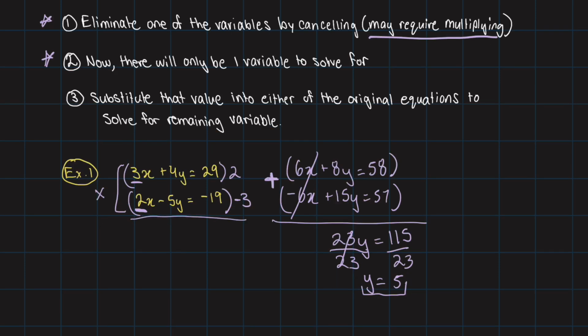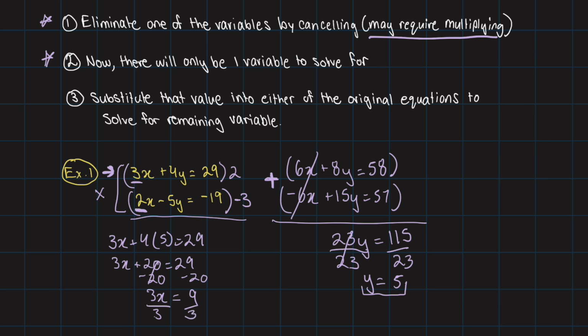I'm going to choose to substitute it into this equation, but you could also choose the second equation. It doesn't matter. So then we have 3x plus 4 times 5 equals 29. Now we only have to solve for x because now y has a value. So 3x plus 20 equals 29, minus 20, minus 20. 3x equals 9.